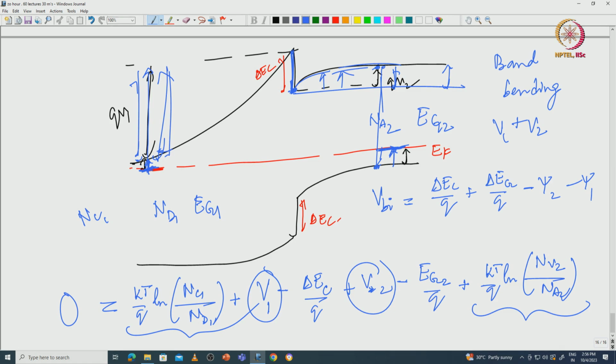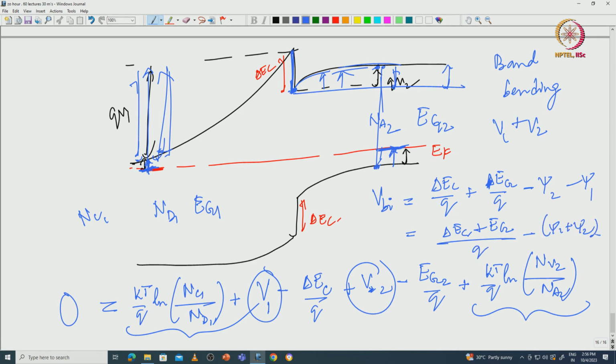So I call it minus psi 1 and psi 2. So essentially this is equal to delta EC by Q. Actually this is not delta EG, this is EG only, because that is the entire band gap, plus EG by Q minus psi 1 plus psi 2.